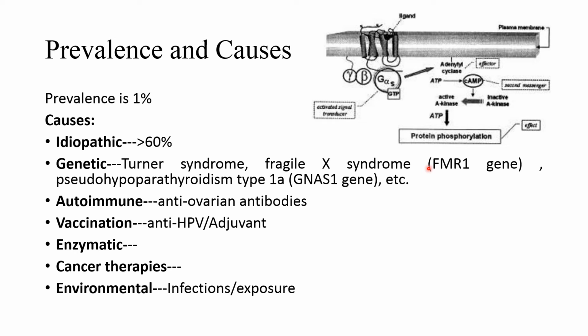So this syndrome was found linked with POF. And if a woman is intellectually disabled, she could also have POF, that is premature ovarian failure.